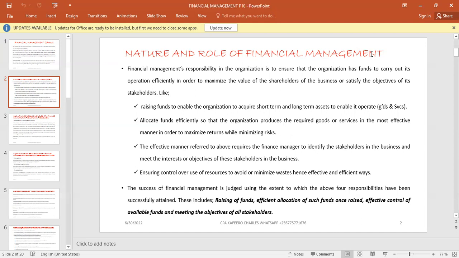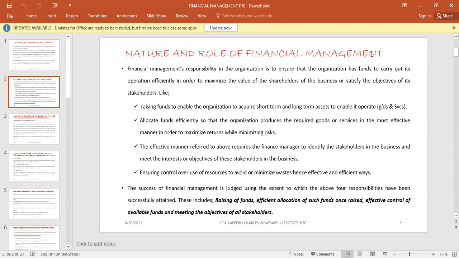Okay, the next one is the effective manner referred to above. In the allocation, it requires the financial manager to identify the stakeholders in the business and meet the interests or objectives of the stakeholders in the business.